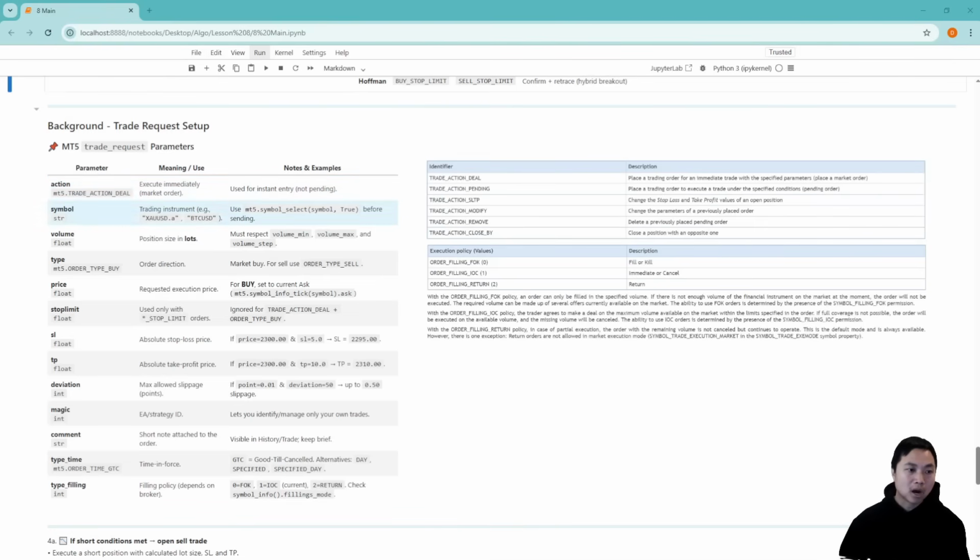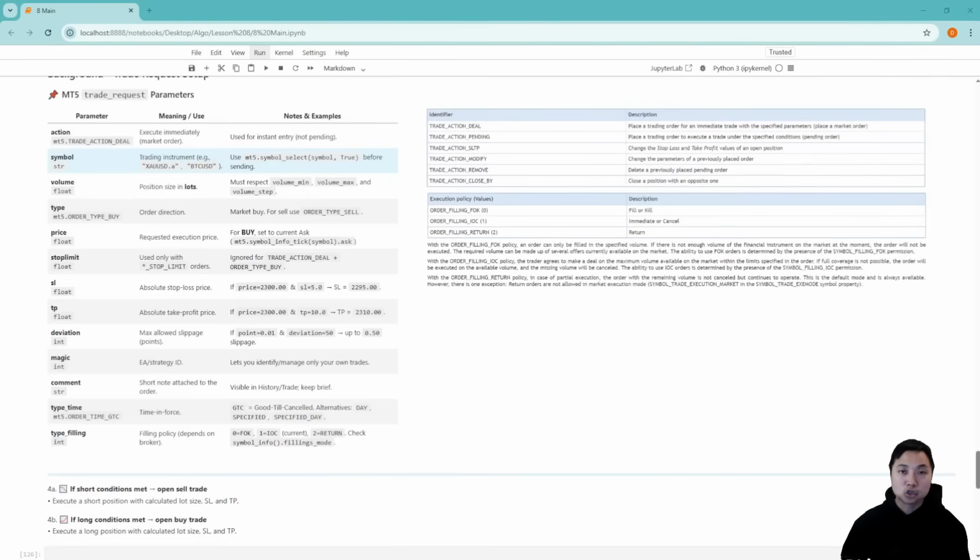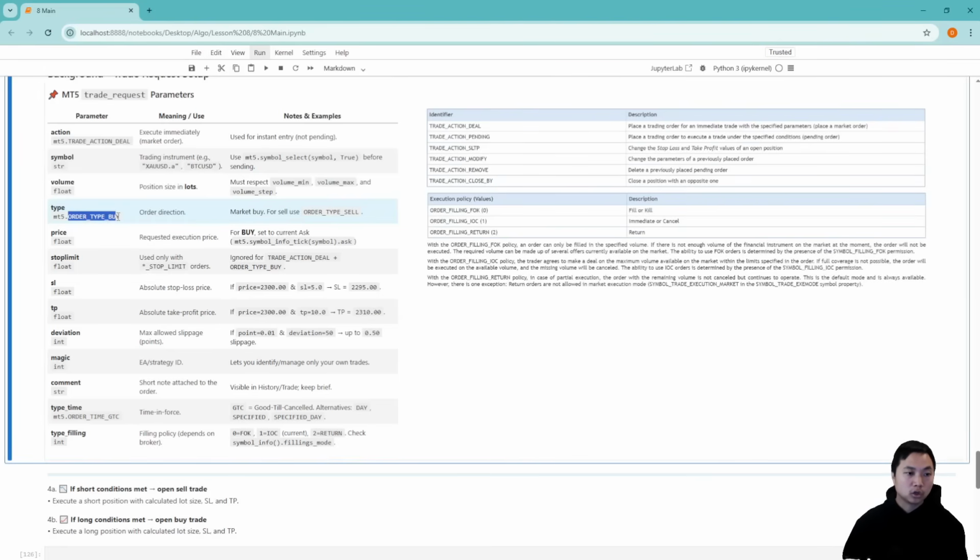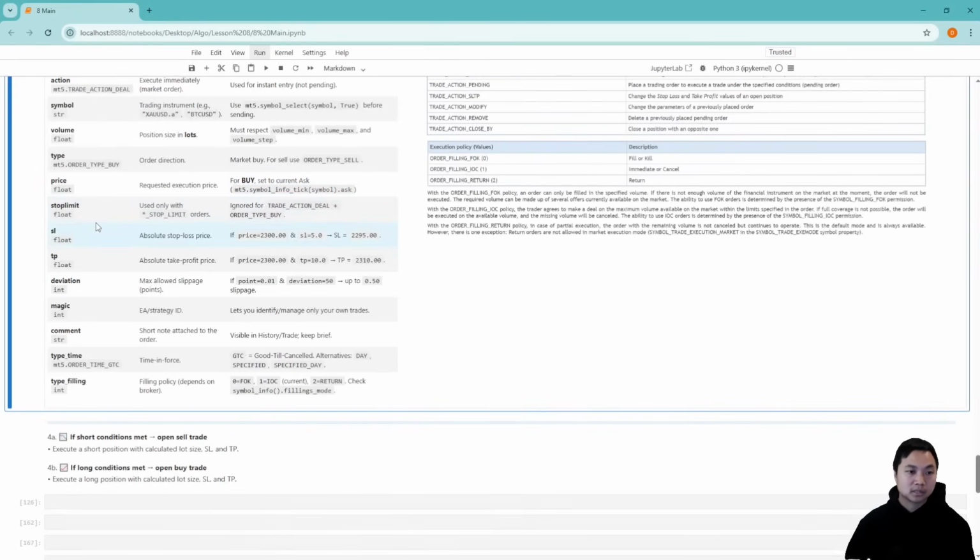And then the second parameter is the symbol, just like what kind of instrument we are trading. The third one is the volume that determines the lot size. And then the type, that is the order type. Just like what I mentioned for RSI, we're going to use the order type buy or order type sell.